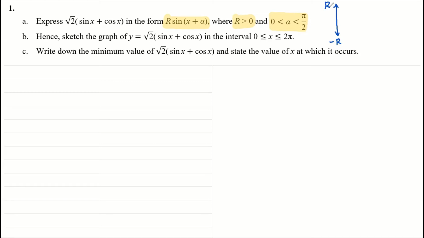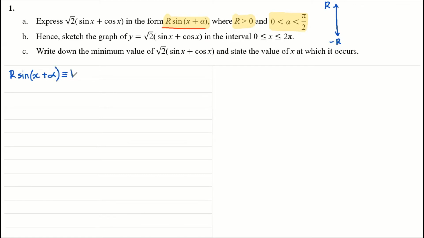So we start off with the form that we have to write it in, which is this. And I'm going to write that out first. Then I'm going to break it open using the compound angle formulae. So if I start over here, we've got space to do a sketch later as well. So we've got r sine of x plus alpha, and we're going to use an identity.